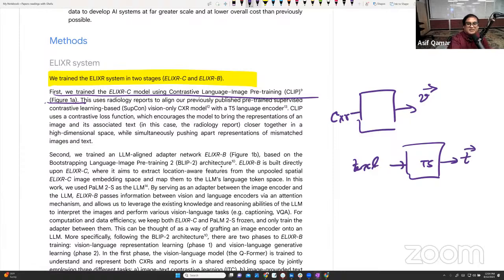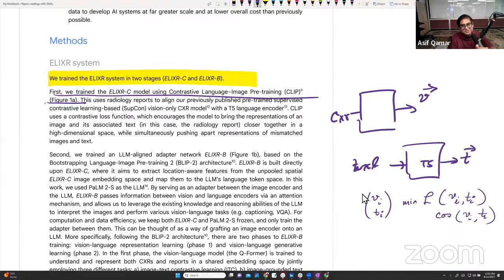Now, if you remember, the whole point of contrastive loss was that for an image I and the text associated with the pair, you want to minimize the loss between V_i and T_i, which basically means if you take the cosine between these two vectors, V_i and T_i, you want to maximize the cosine.